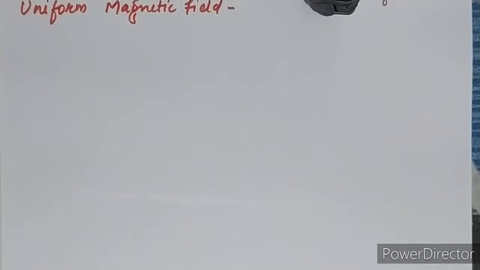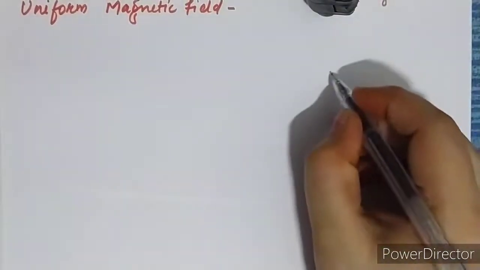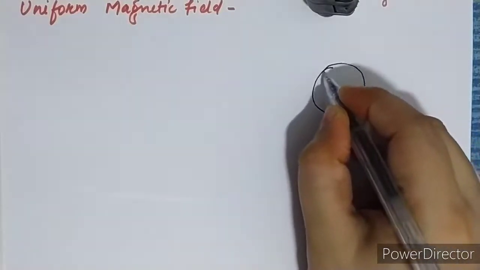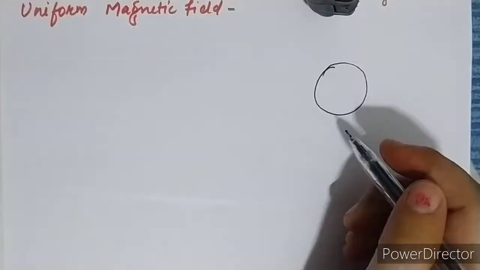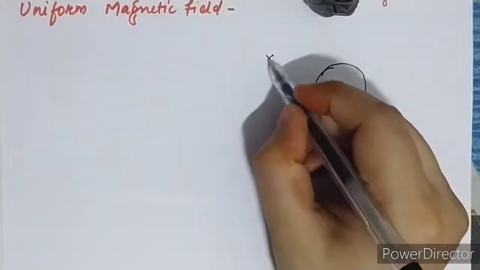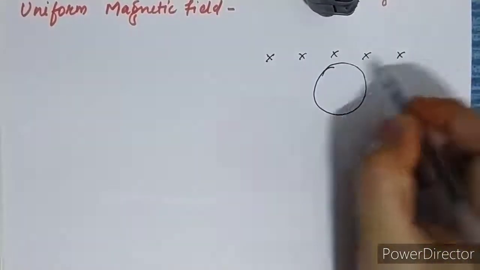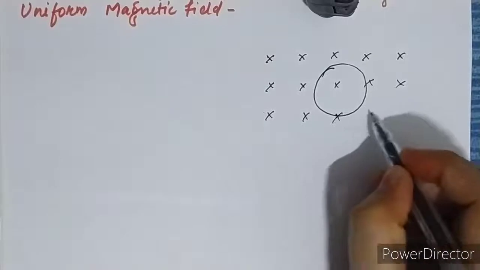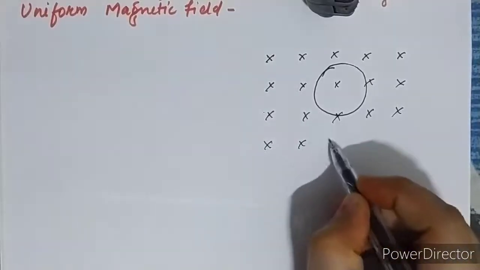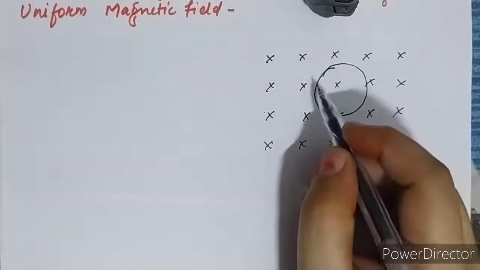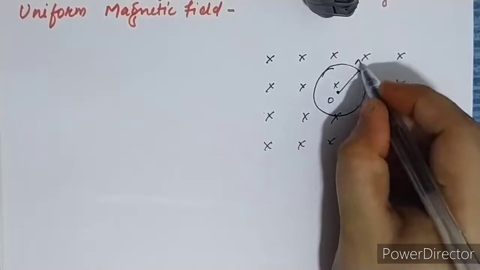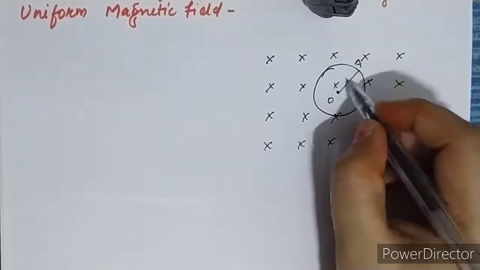Okay, so here we are taking a disc and this disc is kept in a uniform magnetic field. Okay, and from center O to A of a radius.